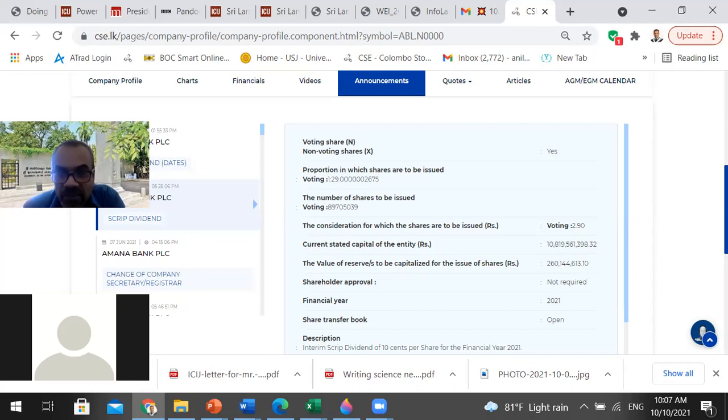It is paid from the company, from some organization, to shareholders. Bonus shares or scrip dividends are paid to the shareholders from the company as a dividend or a bonus.